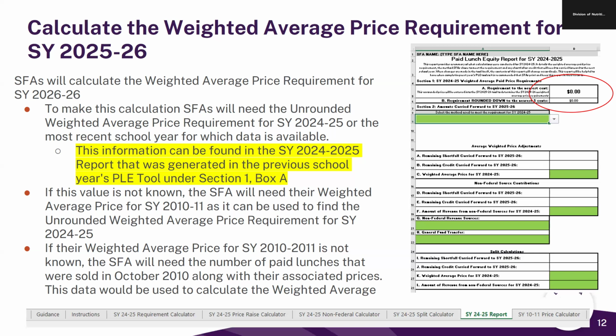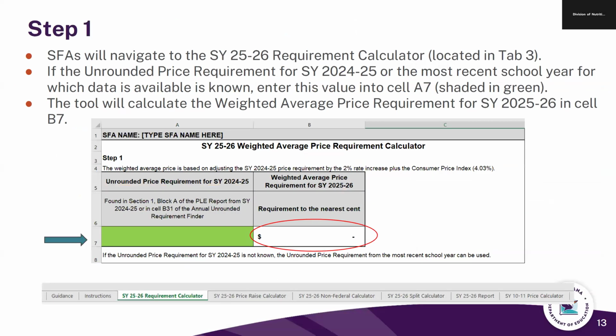If the weighted average price for 2010-2011 is not known, then the SFA will need the number of paid lunches that were sold in October of 2010, along with their associated prices. This data would be used to calculate the weighted average price for 2010-2011. So it's just a lot more work if you don't have your previous tool.